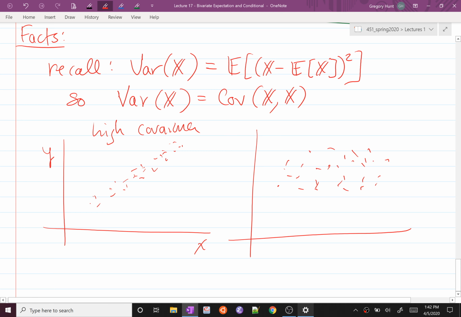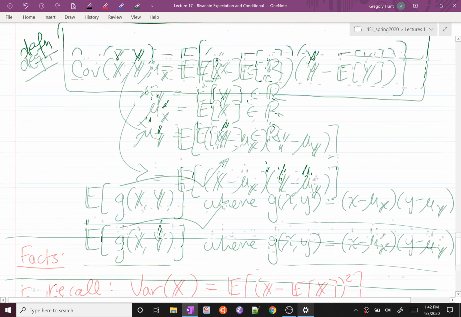If you take samples and they fall on some line like that, they have a high covariance. If there's no relation between them, X and Y don't move together, then they're going to have a low covariance. And you can actually see that from the formula.